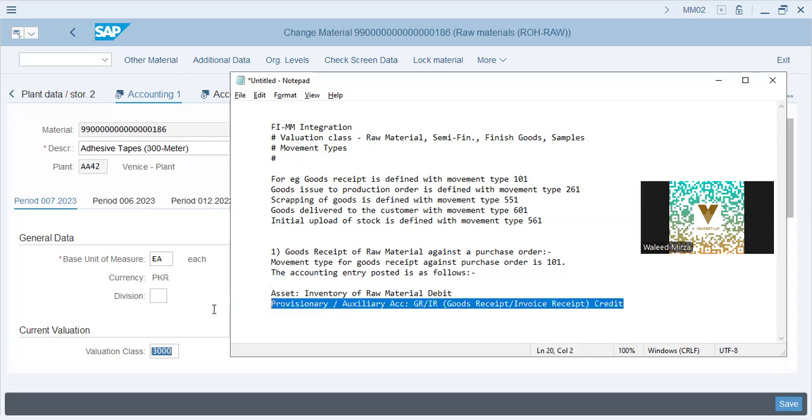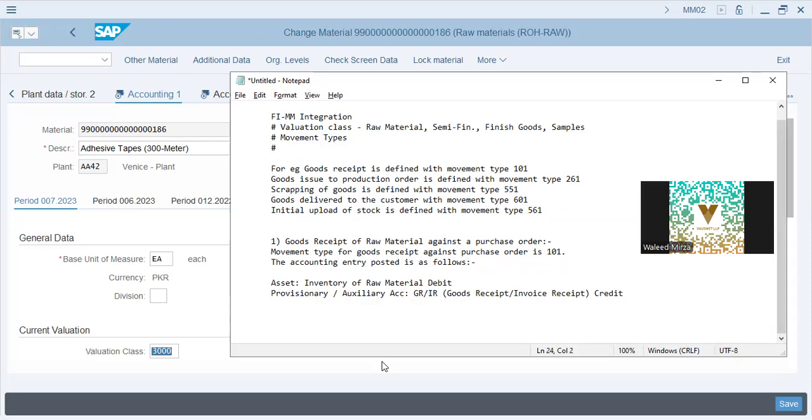So when it is provisionary, it also means that the GRIR account will be settled at the end of the year and made zero with no balance. Okay, so it will reconcile.